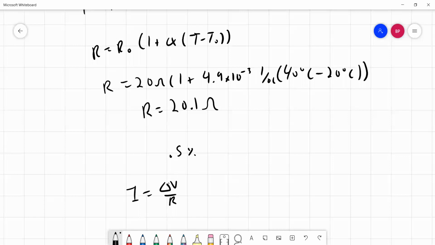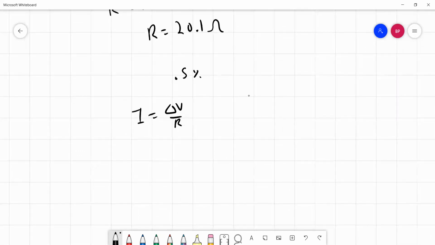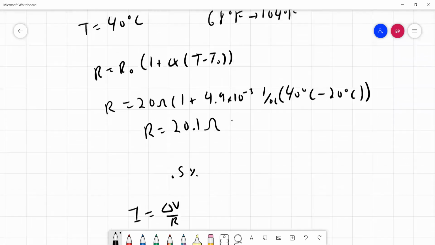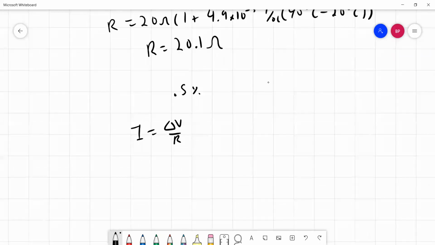But in reality, the metal is going to heat up as you have a higher and higher current. But even if it does, we can see that its resistance changes by a very small amount. Okay, so this is something that we don't really have to worry about too much, at least if we have a small alpha. If you had a large alpha, then you could see some changes.